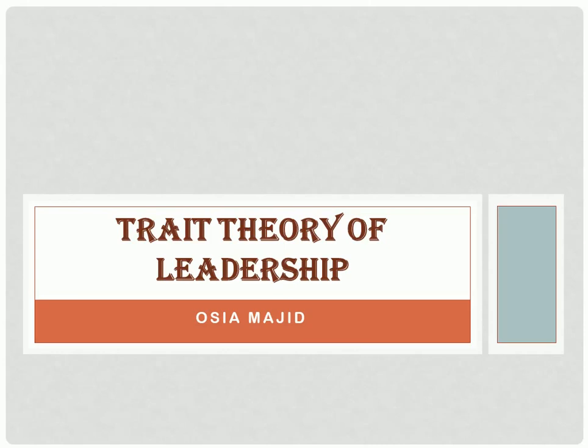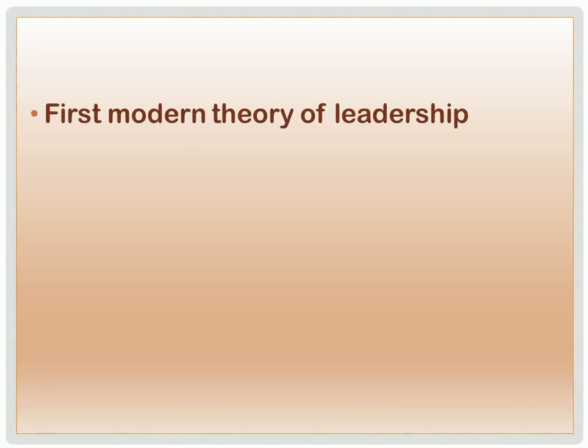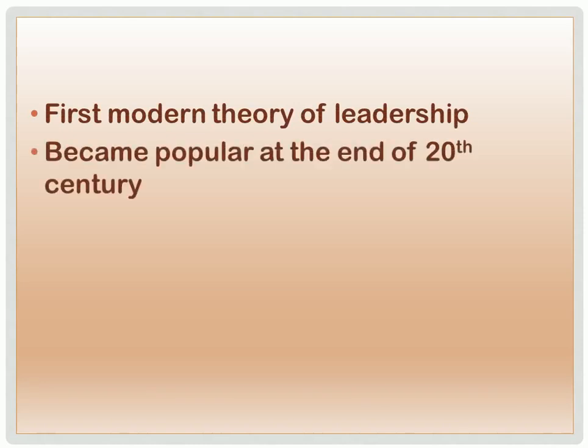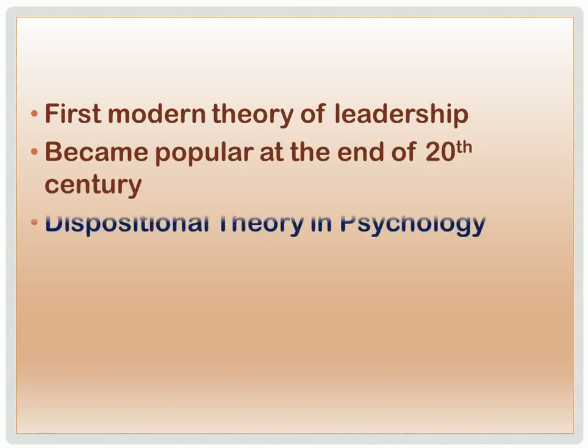This theory is viewed as the first modern theory of leadership, and it became popular at the end of the 20th century and remains popular till today. It is also termed the dispositional theory in psychology, which is meant to discover the personality of people.